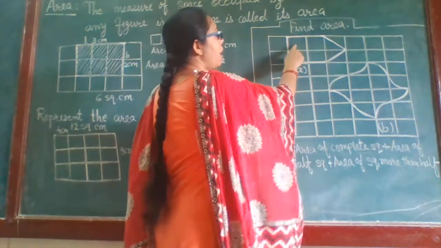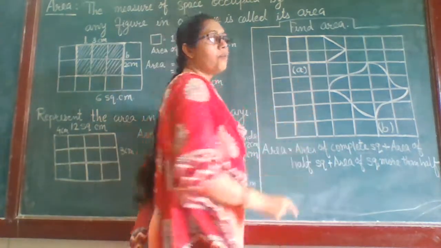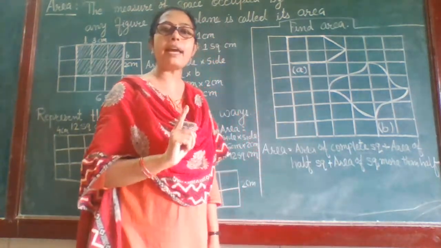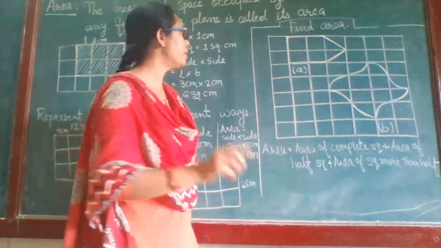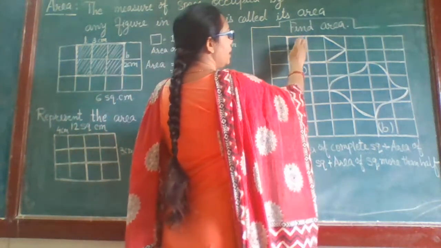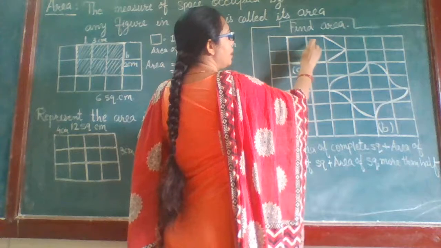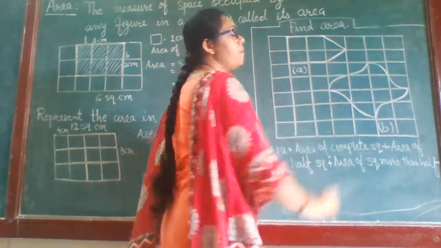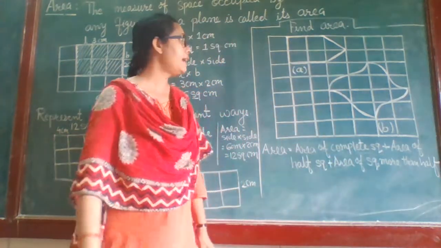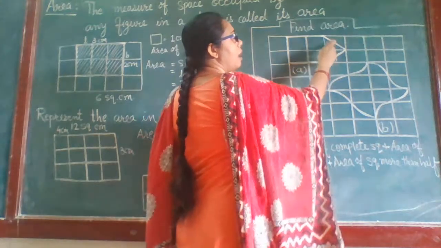So area of 1 square is equal to 1 square centimeter.